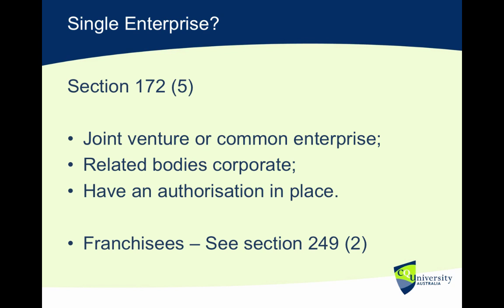They have a common enterprise. So joint ventures, common enterprises, related bodies, and they have an authorisation in place. So they might have applied to the Fair Work Commission to deal together for a single enterprise agreement.